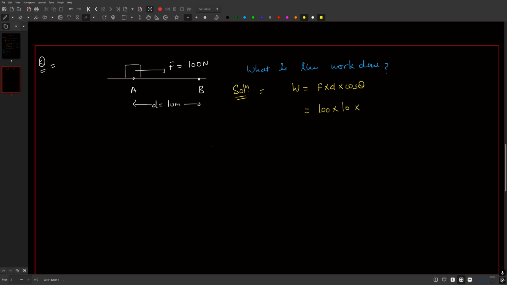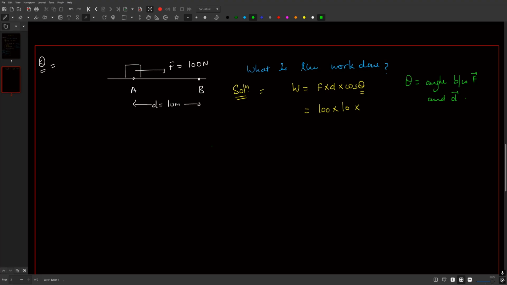Cosine theta, as mentioned earlier, theta is the angle between the force and displacement. So this is the angle between force vector and displacement vector. Both force and displacement are vector quantities. I hope you know that. That is why theta is described as the angle between force and displacement vector.